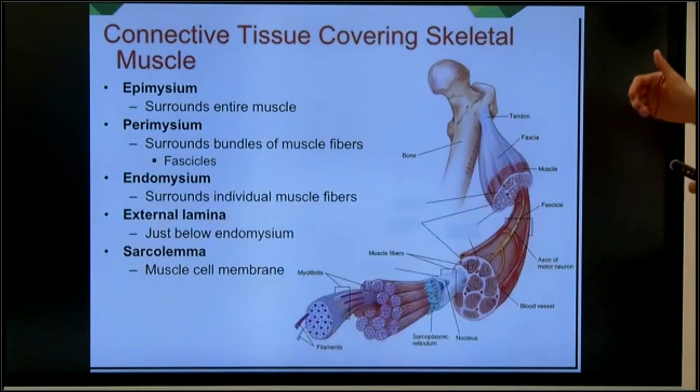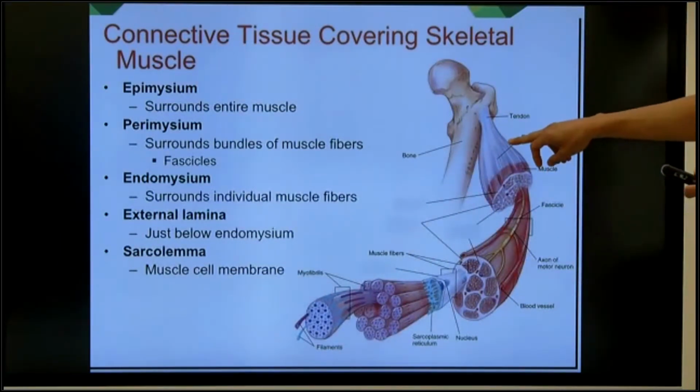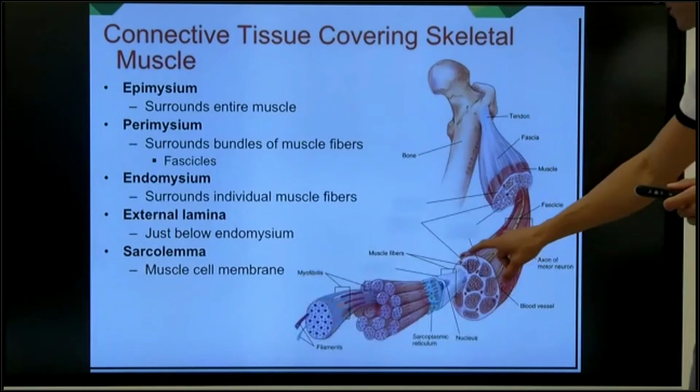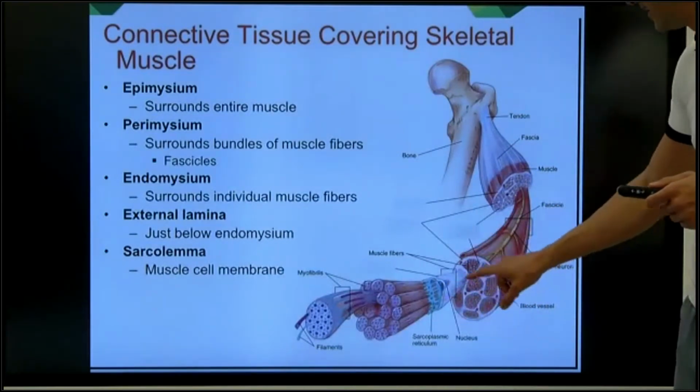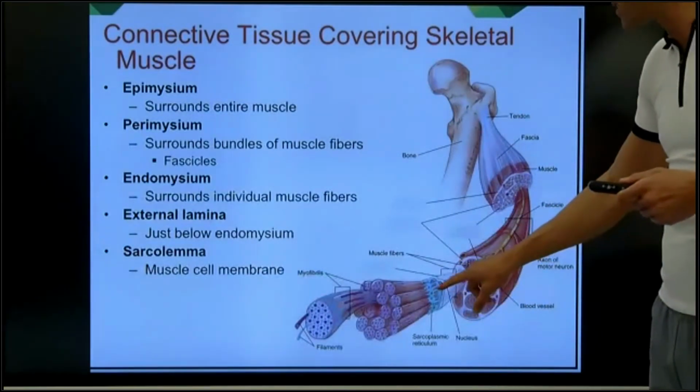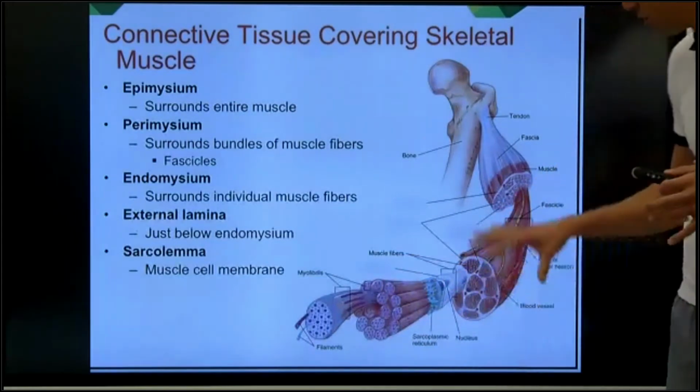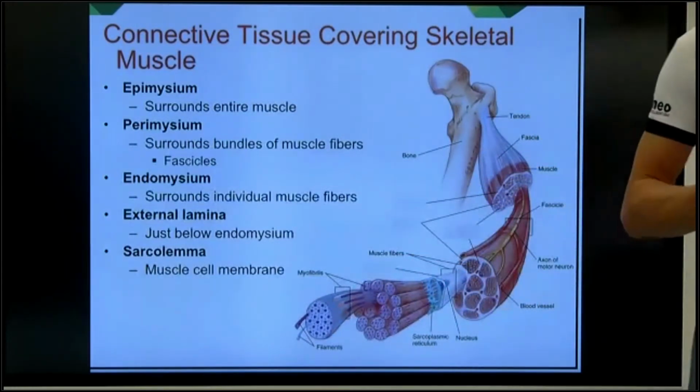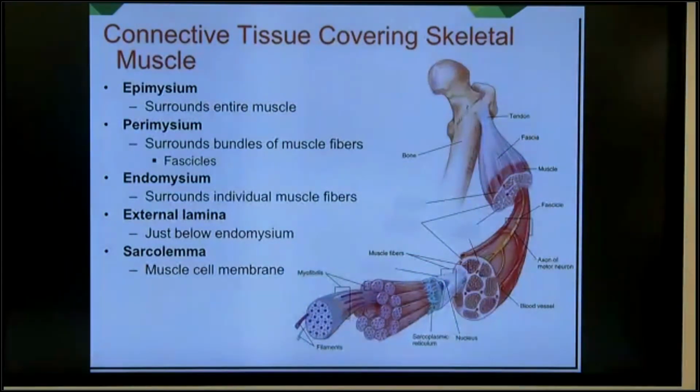So we get the epimysium right here, then the perimysium around here, then we find the endomysium, then the external lamina and the sarcolemma. All these are part of the same connective tissue, of the same fascia. For this reason, when we treat the tissue, we can also affect in a deep way the single, I can say, muscle cell.